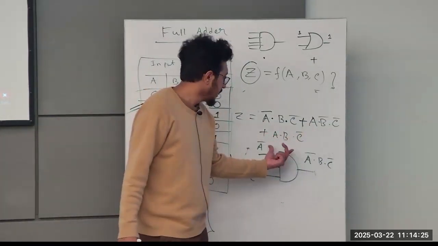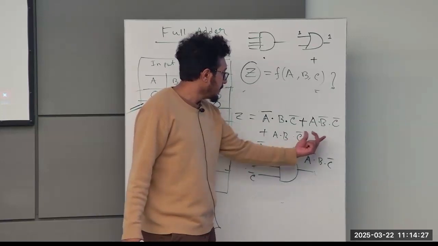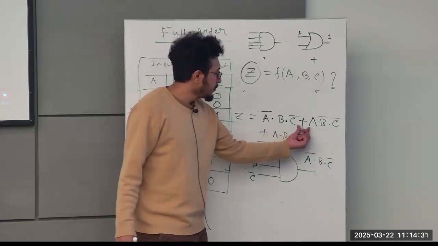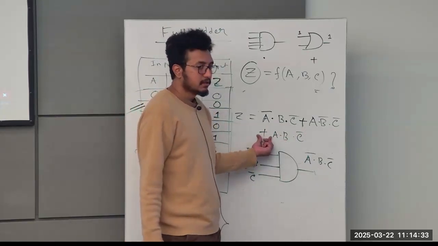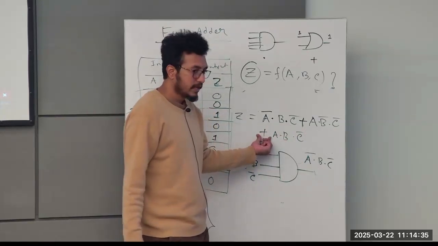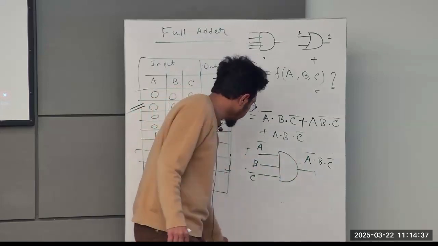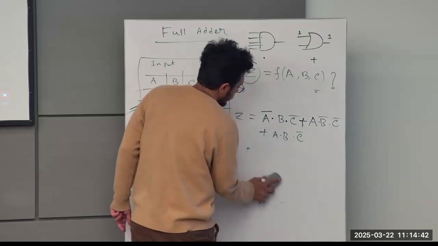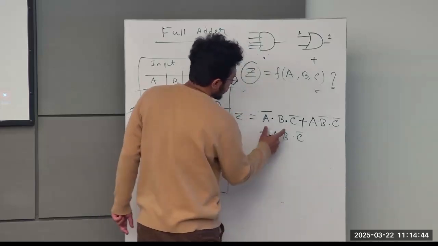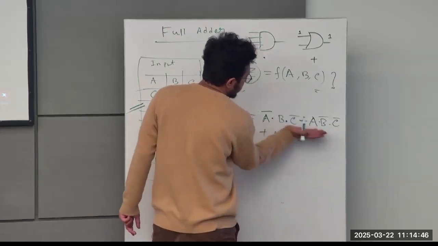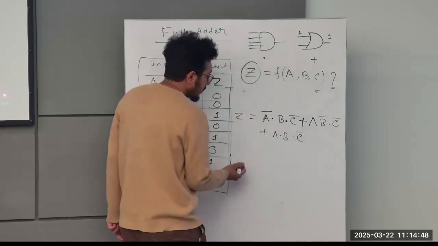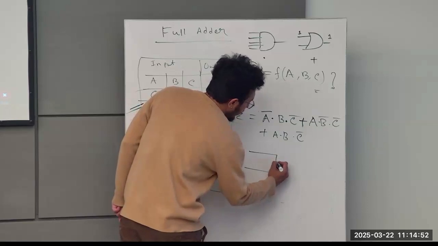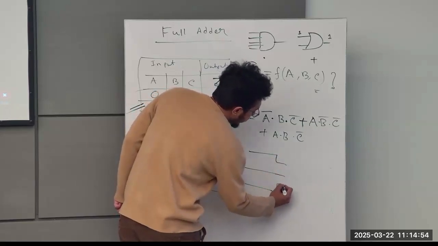A, B, C naught. Then A, B naught, C naught, and A, B, C naught, right? Then you can OR these 3 binary signals. So let's say if you have these 3 separately, then you can go ahead and give them to an OR gate.